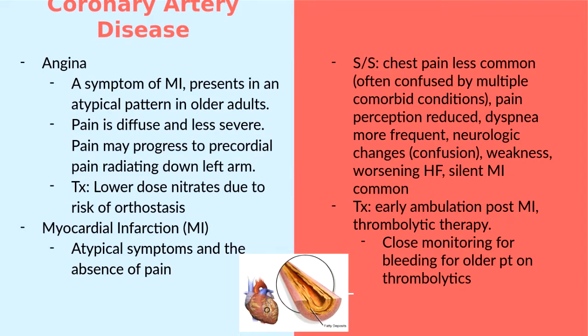Dyspnea is more frequent. Treatment for myocardial infarction includes early ambulation post MI and thrombolytic therapy. For older adults, you need to closely monitor for bleeding for patients who are on thrombolytics.